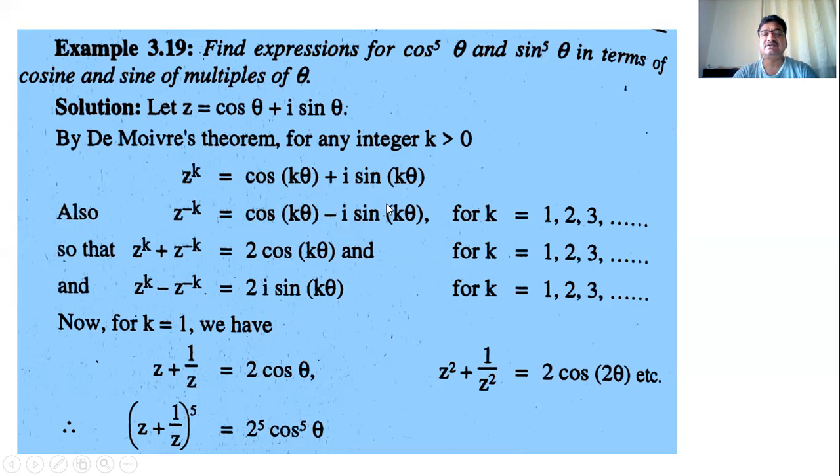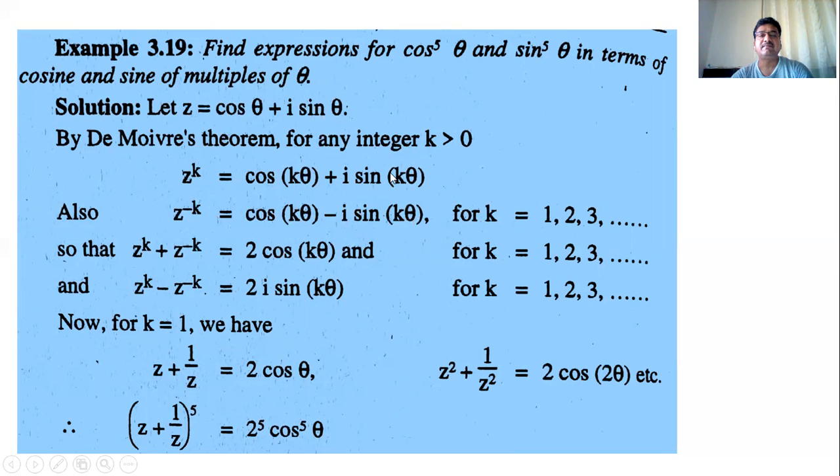And z raised to minus k is cos minus k theta plus i sine minus k theta. Cos minus k theta is cos k theta only, because cos minus theta is cos theta, and sine minus k theta is minus sine k theta, because sine minus theta is minus sine theta. And then their addition is what?